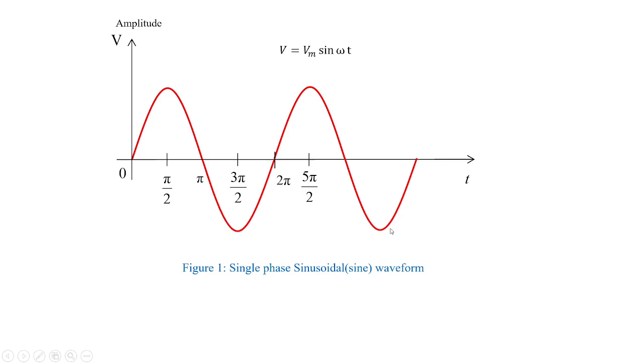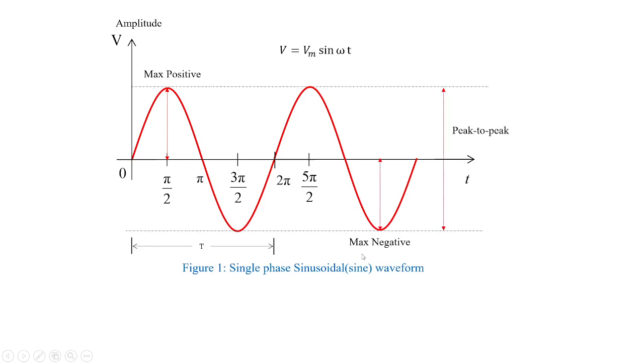If you go with the depth analysis of a sine waveform, the maximum positive value is obtained at pi by 2, that is at 90 degrees, whereas the positive to negative is treated as a peak to peak value. The time period, which is already defined for 0 to 2 pi, is given by T, and if I want to go for 2 cycles, it will be treated as 2T.